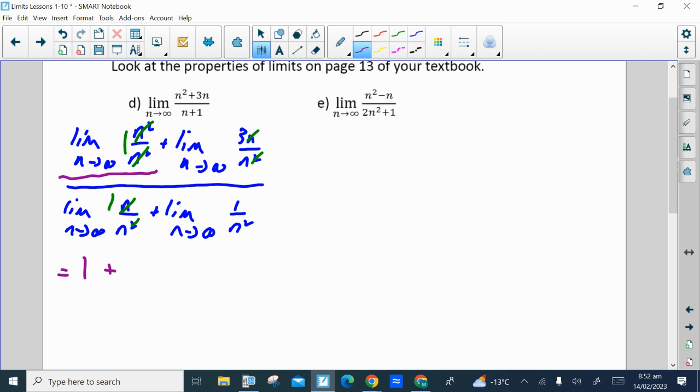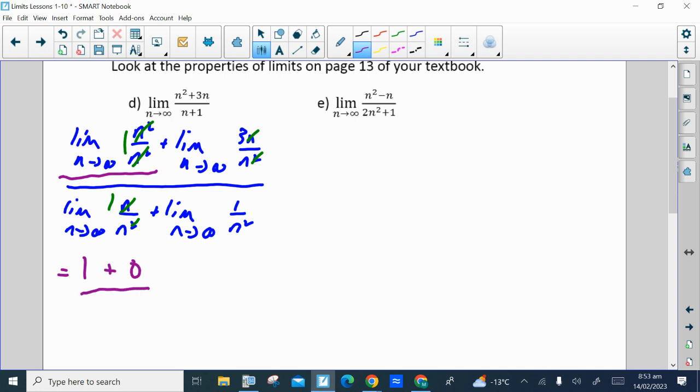When n is 2, you'll get 3 over 2, which is 1.5. When n is 10, you'll get 3 over 10, which is 0.3. When n is 100, you'll get 3 over 100, which is 0.03. As n gets really, really big, 3 divided by a number that gets bigger and bigger will get smaller and smaller. It will approach a value of 0. That's the value of that second limit on top.